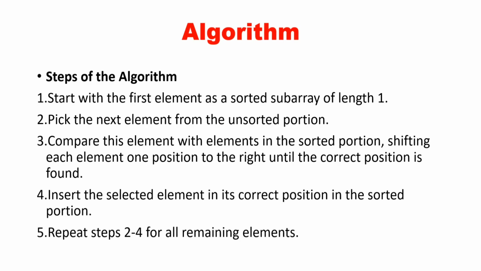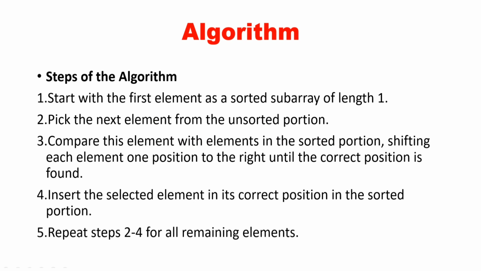Next, we move on to the algorithm. The first step of the algorithm is to start from the second element, index 1 of the array, treating the first element as a sorted subarray of length 1. Next, pick the next element from the unsorted portion.